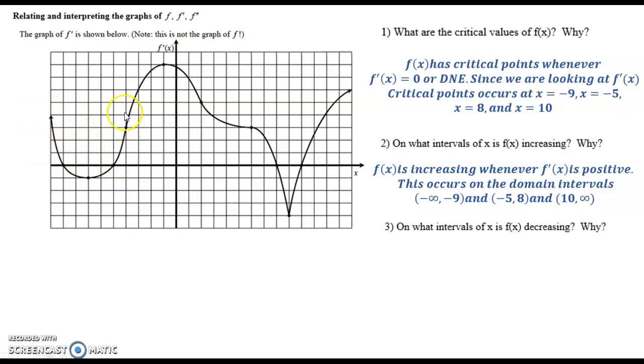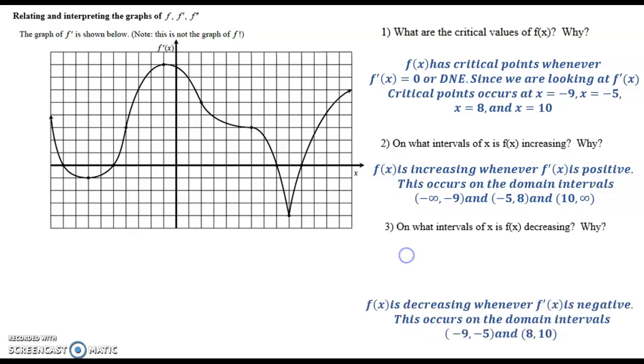From -5 to 8, notice these are all positive values here. And then from 10 to infinity, these are all positive outputs for the derivative. So whenever the derivative is positive, the original function will be increasing on this interval.